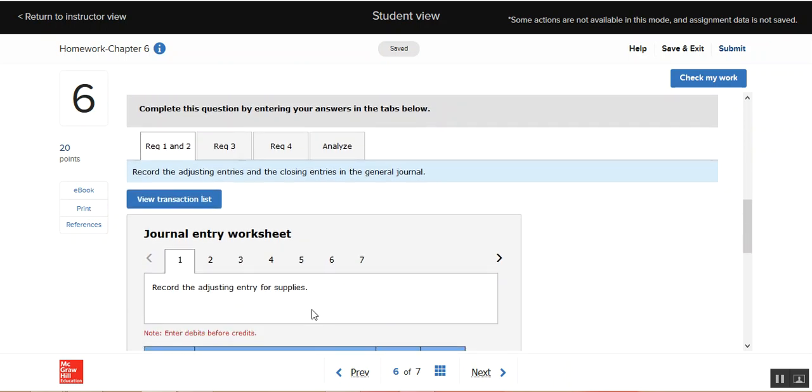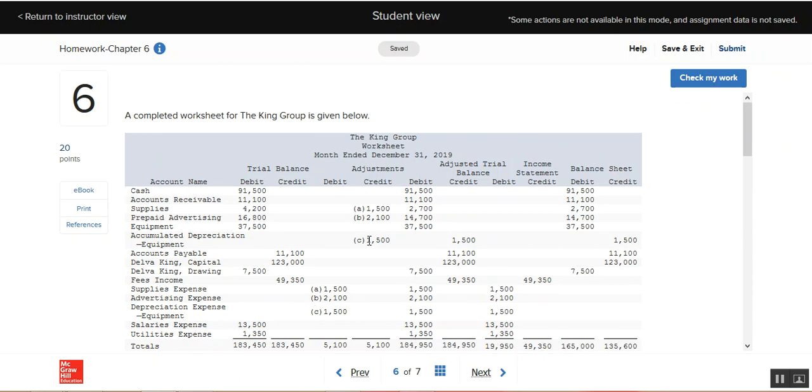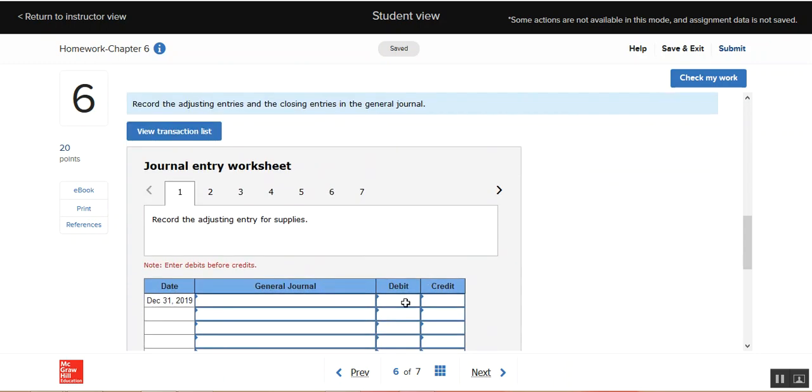All right, so it says record the adjusting entry for supplies. So we're going to find supplies and see what happened in adjustments. So there's a credit to supplies of $1,500. You have to find the matching one, which they've got them labeled ABC, so that's helpful. So supplies and supplies expense goes together for $1,500.